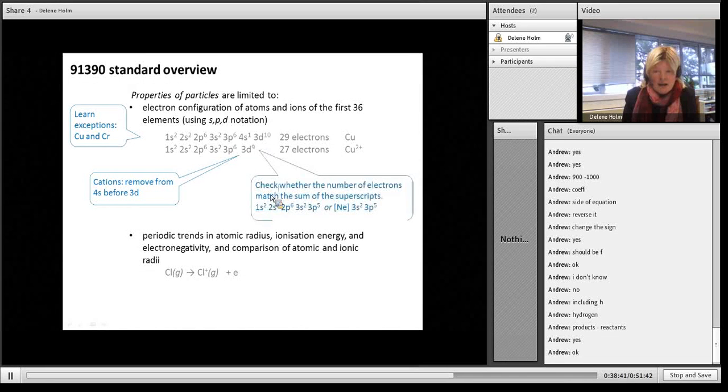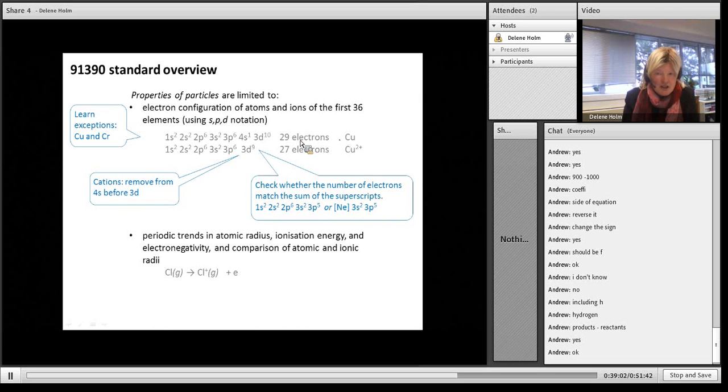Okay, and then as a final check, that's why I like the long method, but you're welcome to use the noble gas shorthand method, count the number of electrons that you've got in these superscripts and check on your periodic table for the atomic number.